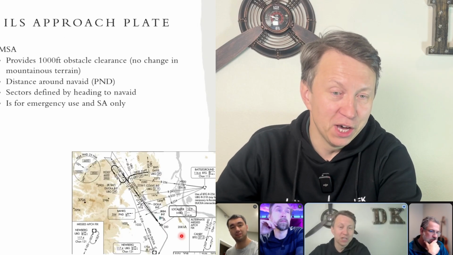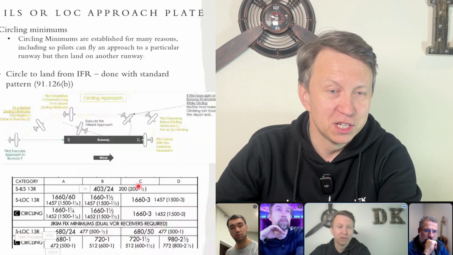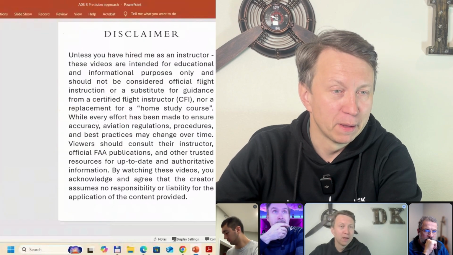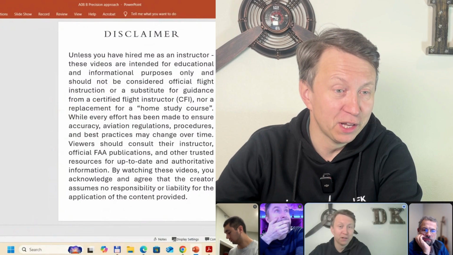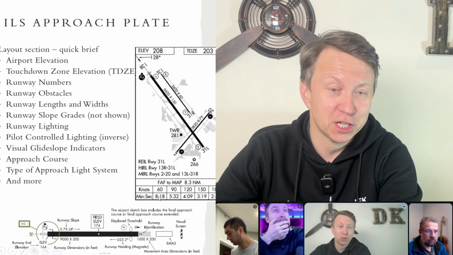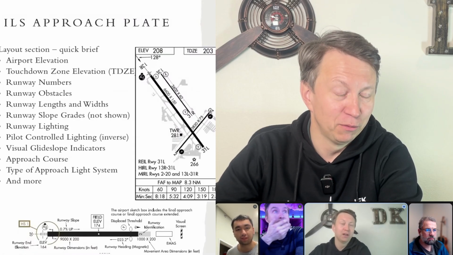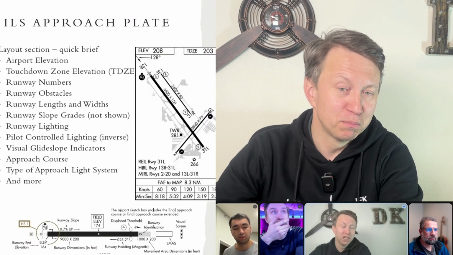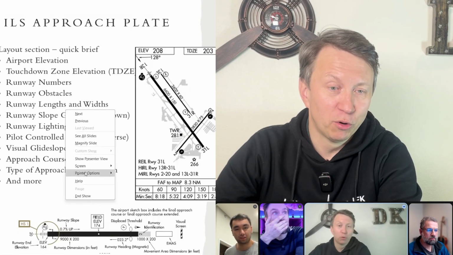In other cases, if you're trying to fly this approach, let me see if I have a full plate. Nope, I don't. The question you asked is very important and critical, and this is what I was looking for. If you're flying with a conventional system, meaning no GPS, a VOR, DME, or ILS, they give you this table at the bottom of the airport chart.